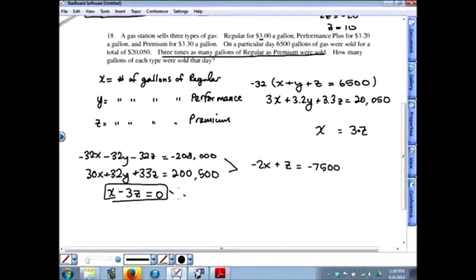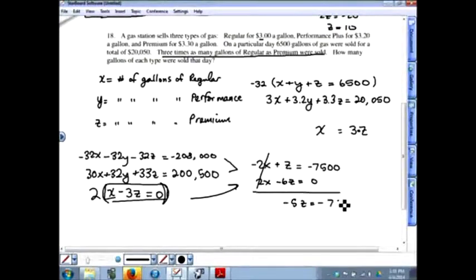And actually, what I'm going to do before I do that, I'm going to try to eliminate the x variable, so I'm going to have to go ahead and multiply this equation by 2. And then I'm going to bring it over here, so now it becomes 2x minus 6z equals 0. Add these together, we get negative 5z is equal to negative 7,500.